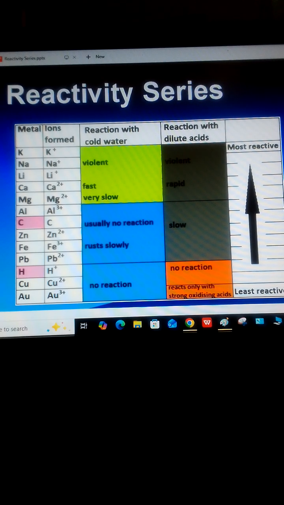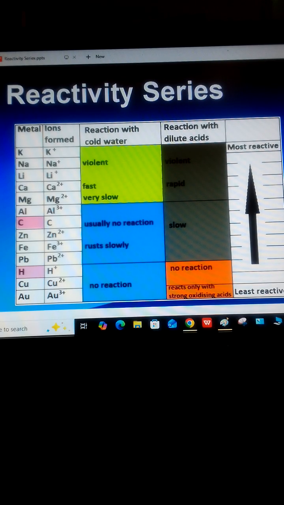A metal that is higher on the reactivity series has the ability to displace a metal that is placed lower from that salt solution. For example, if we have magnesium solid, magnesium metal, and you react it with the copper sulfate solution, which is a salt of copper, the magnesium will displace copper from that solution to form magnesium sulfate and copper solid.